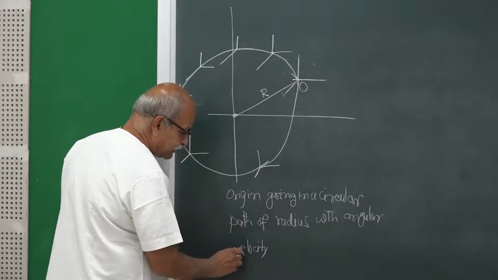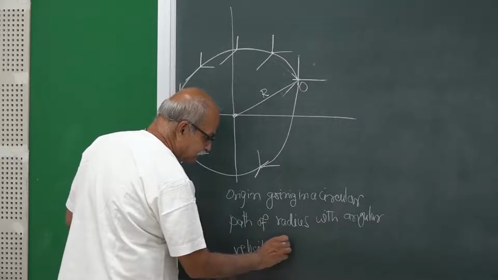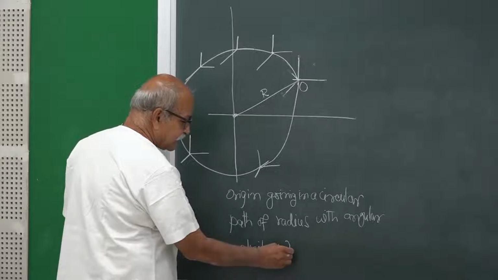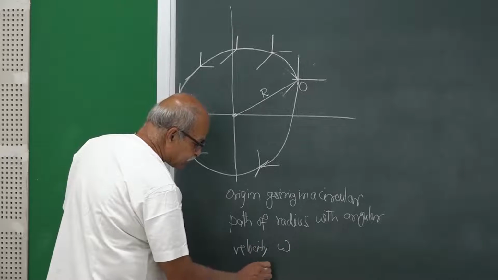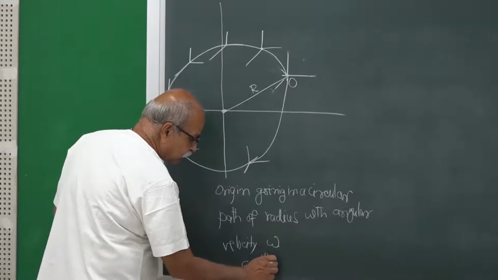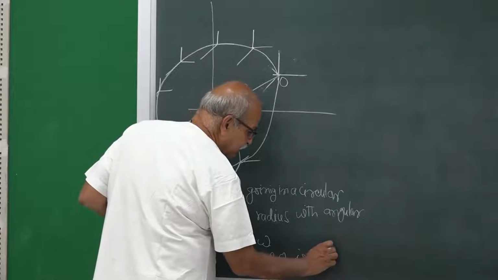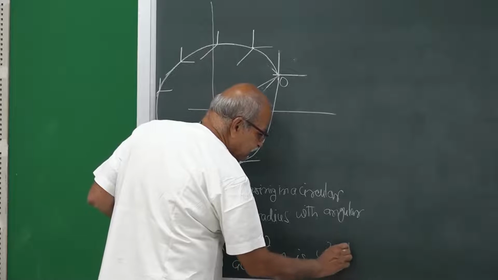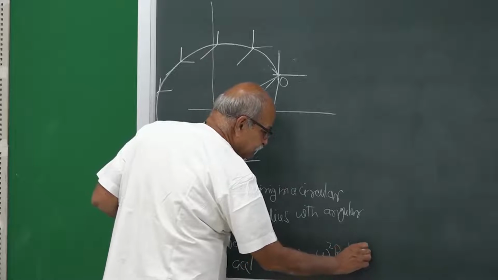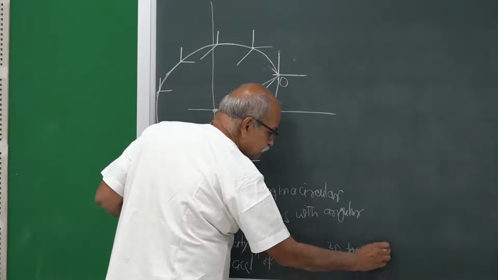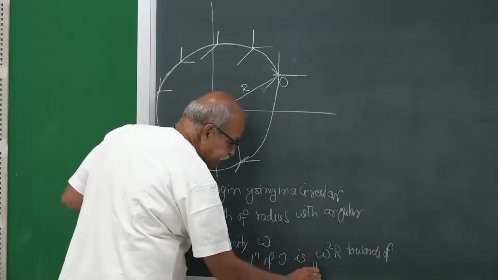For one particle I can always define angular velocity omega. Hence the acceleration of O is omega square into R, towards the center of the circle.